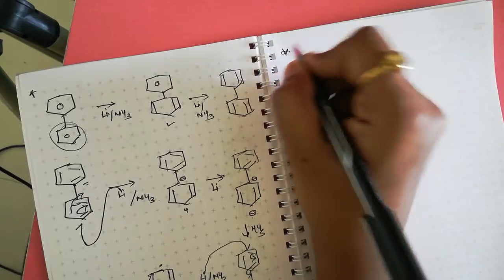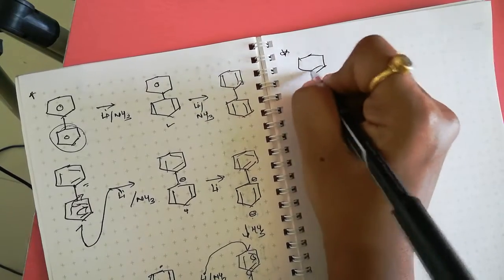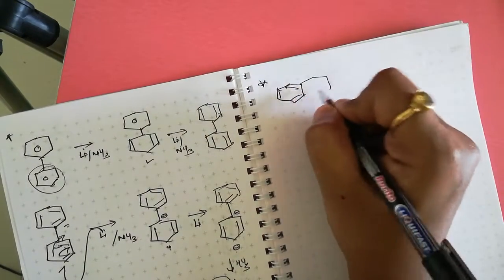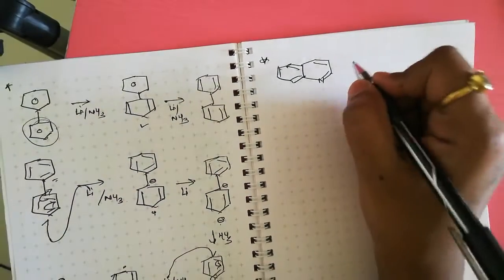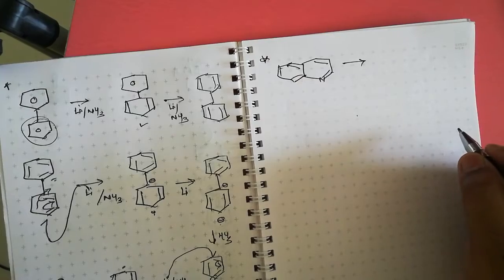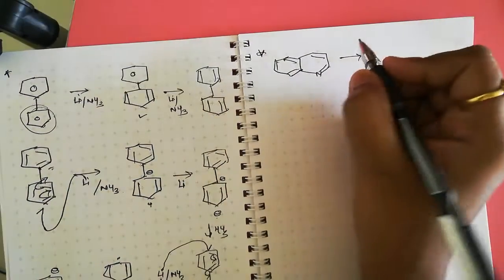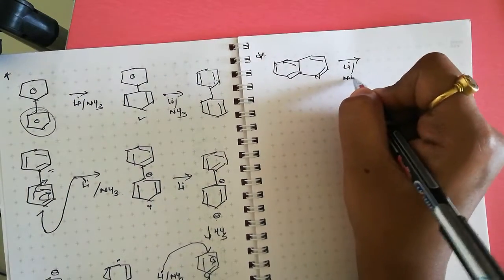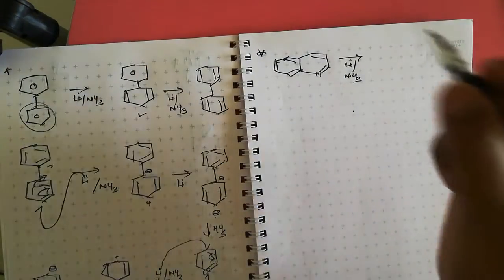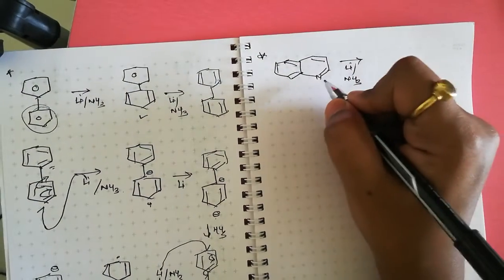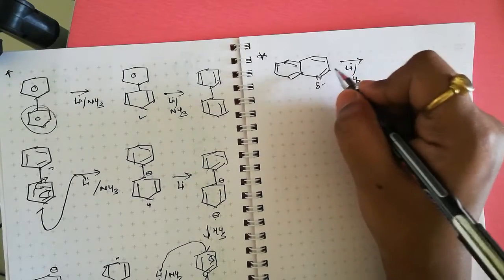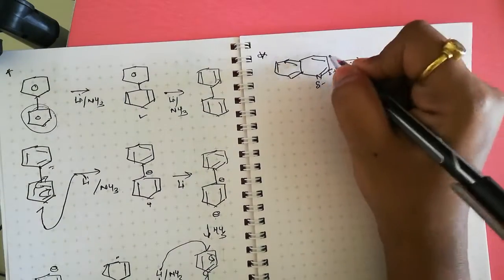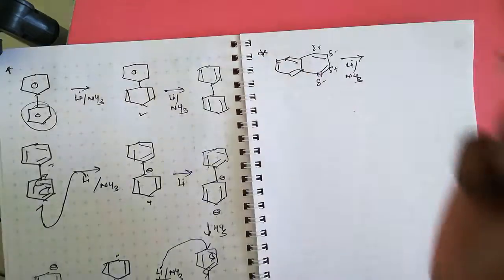Now we can see the next example. If quinoline undergoes Birch reduction, what is the product? Here, the nitrogen has a negative charge because nitrogen is more electronegative, the carbon has a positive charge.